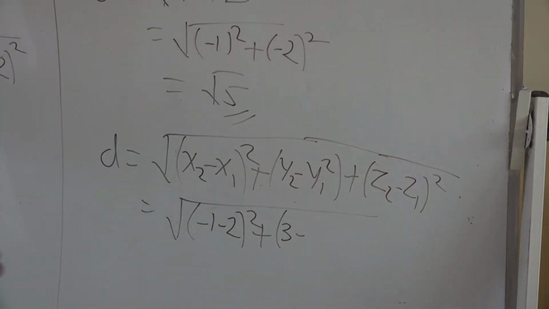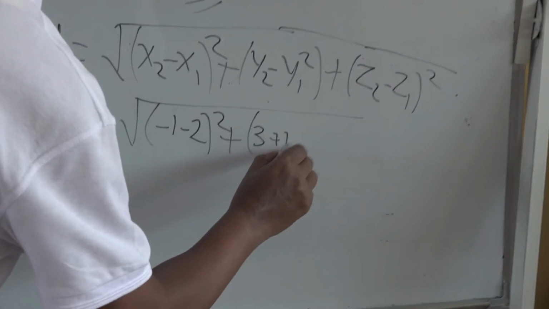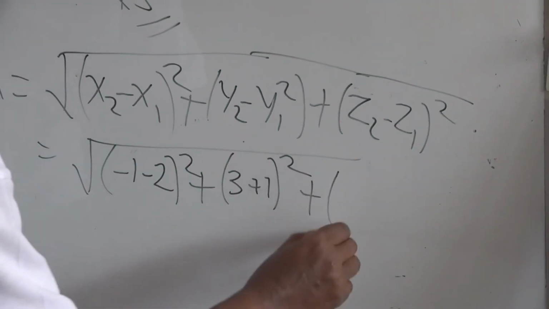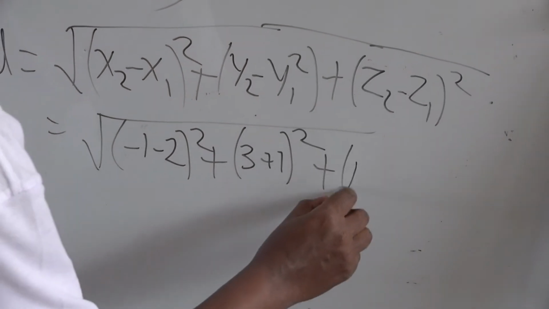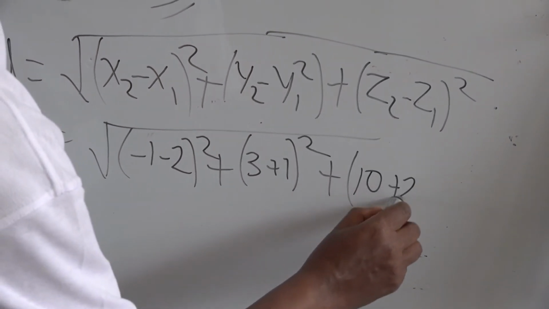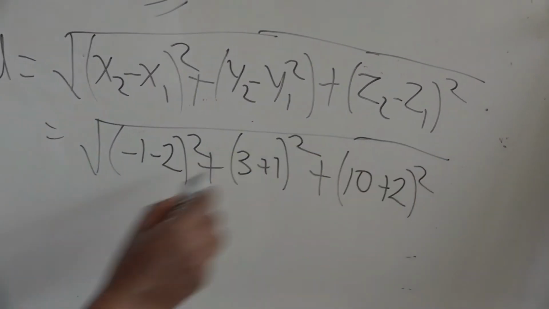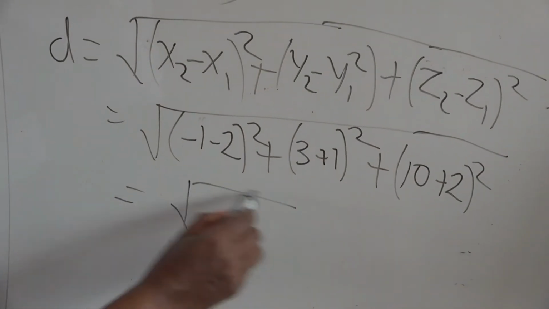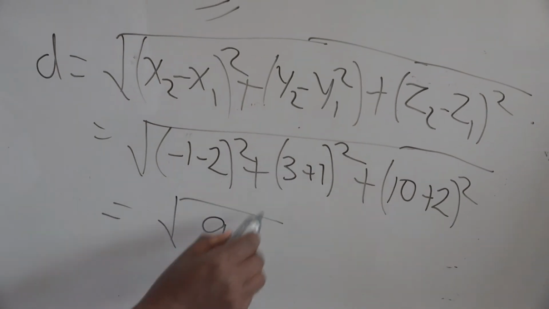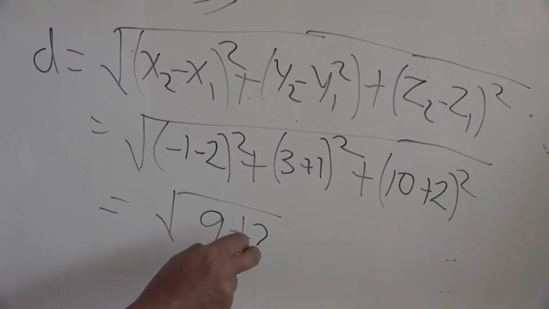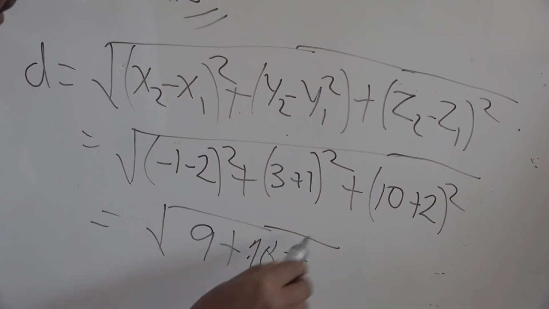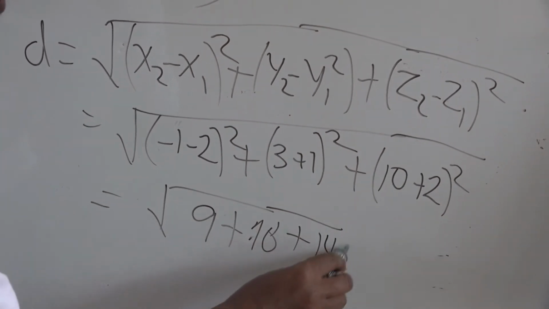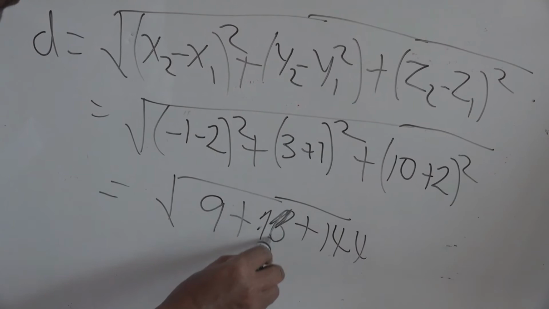the whole square, plus 3 minus negative 1, that becomes 3 plus 1 square, plus z, that is 10 minus negative 2, it becomes 10 plus 2 square, and so you'll have here minus 3 square 9, this is 4 square 16, and then 12 square 144.